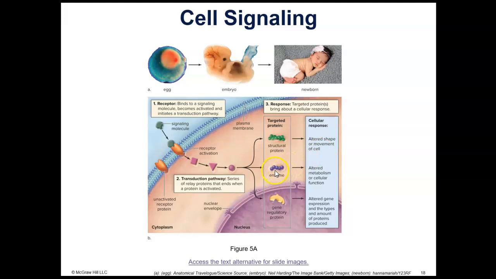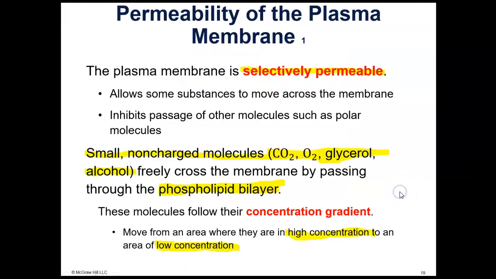The protein that is activated may be an enzyme, and that enzyme may catalyze a chemical reaction. It may be a gene regulatory protein, meaning that it will turn on or turn off the expression of a gene, that kind of thing. So this is just an overview of one way that cells communicate and that cells respond to signals.